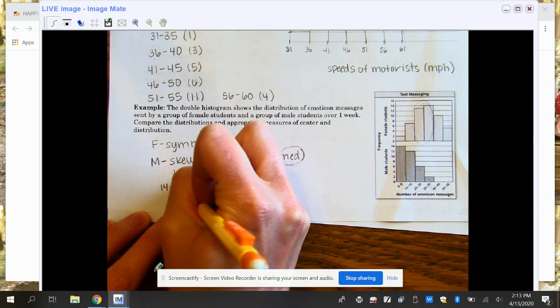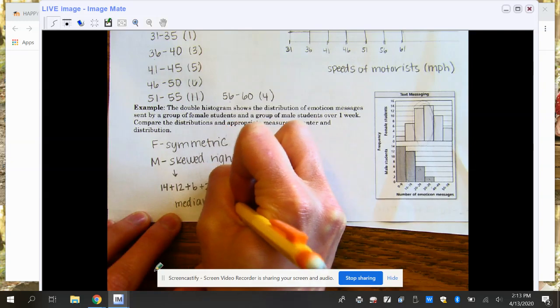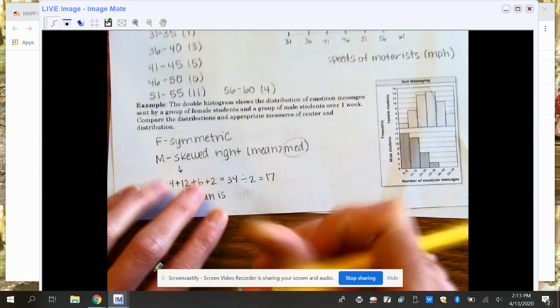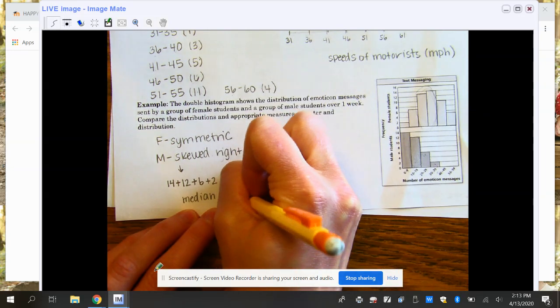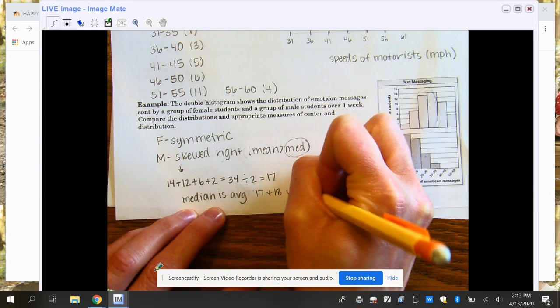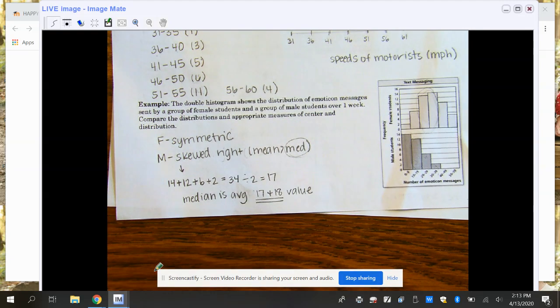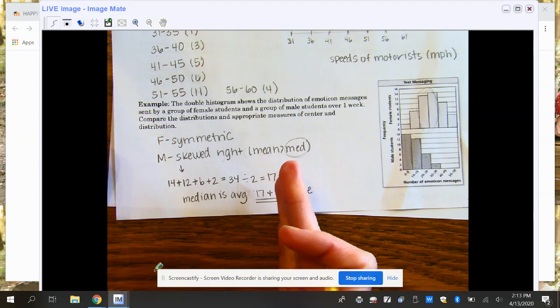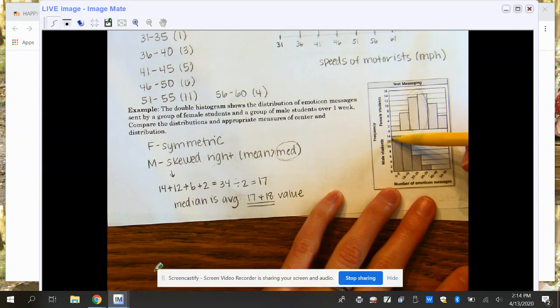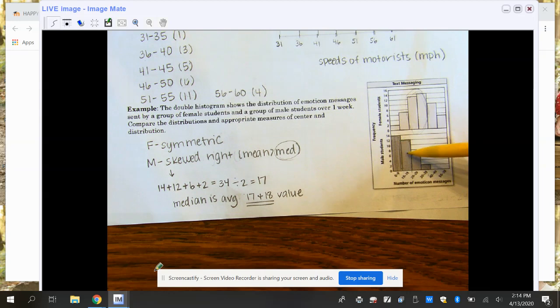So that means the median is going to be the average of the 17th and 18th value, right? Because we're going to have 17 and 18 in the middle. And then I can just count and say, okay, the first 14 students are in that bar, and then there's 12 in this bar.